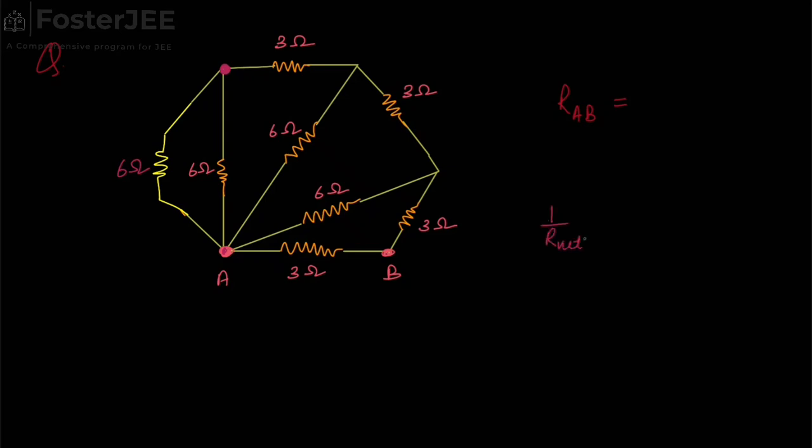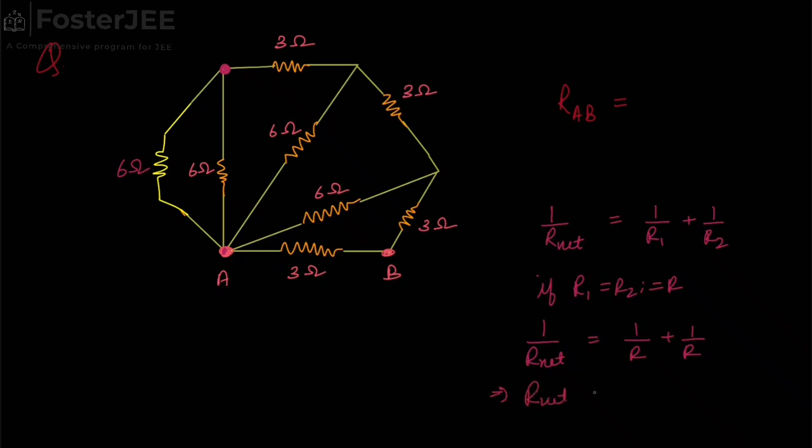Net resistance is given by 1 upon R net equals 1 upon R1 plus 1 upon R2. If R1 equals R2, both say R, in that case 1 upon R net becomes 1 upon R plus 1 upon R, which gives R net equals R upon 2.